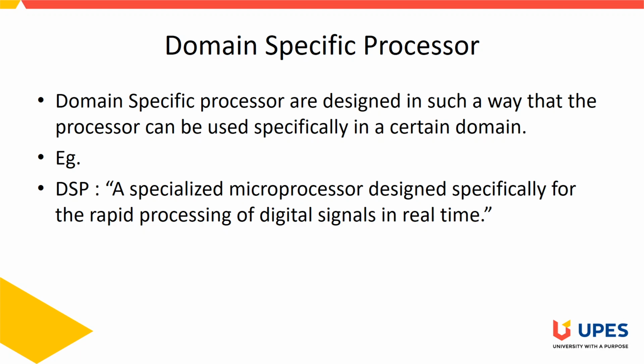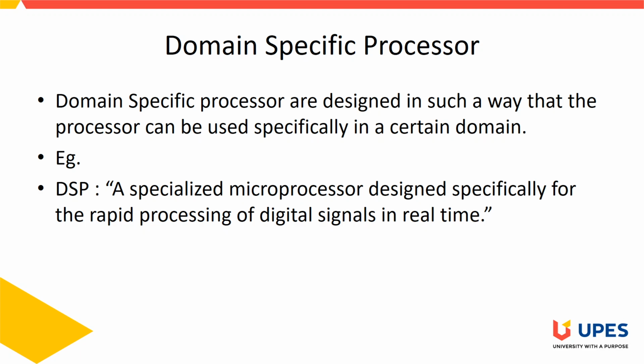Now talking about the domain specific processors. Domain specific processors are designed in such a way that the processor can be used specifically in a certain domain. An example is a domain like signal processing or audio signal processing. In such a scenario we can use a DSP chip, where DSP stands for digital signal processing.